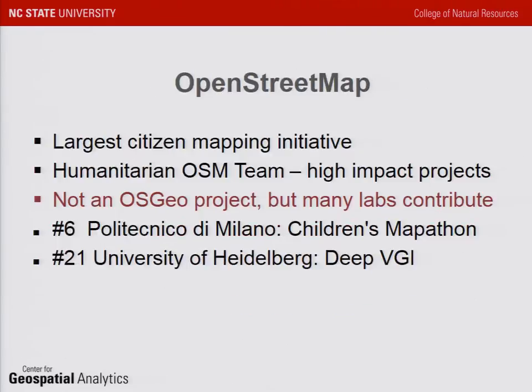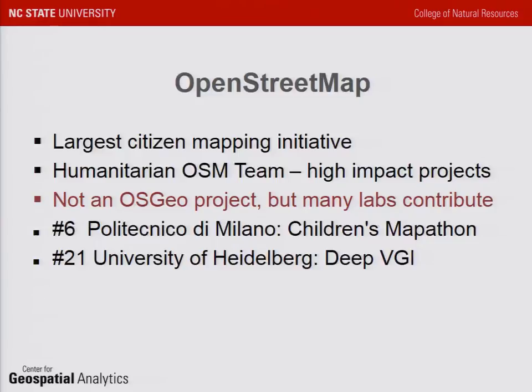A lot of the Geoforall initiatives in the citizen science is really built on top of OpenStreetMap. As you probably know, it's the largest citizen mapping initiative, and probably the highest impact part of OpenStreetMap is the humanitarian applications.